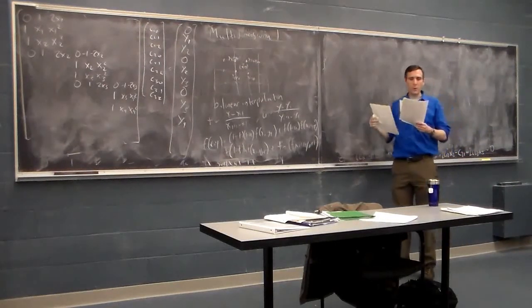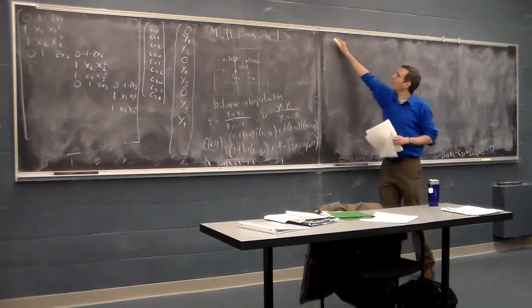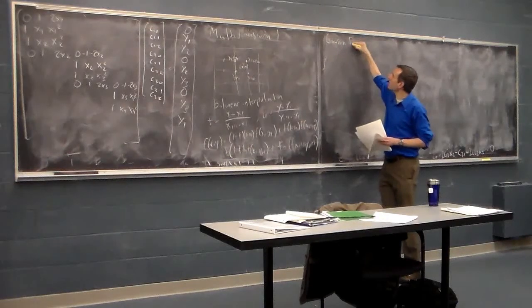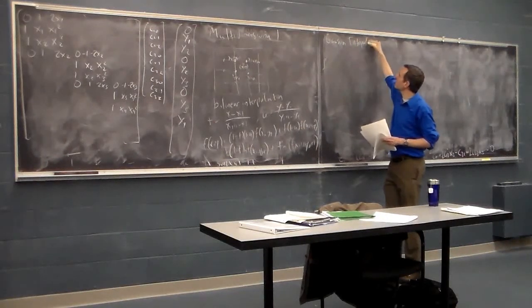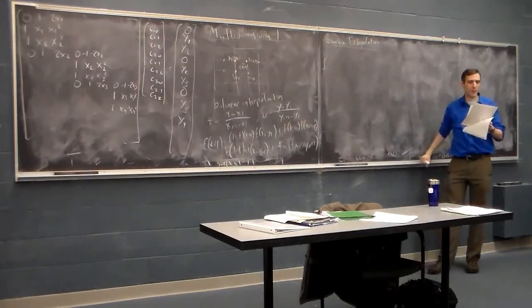I'll just mention one other kind of method that's often useful for these problems. This is one that's not in the text, but I think it's a good one to know about, called Gaussian interpolation. It's a very easy one to implement if you want to do multi-dimensional interpolation.